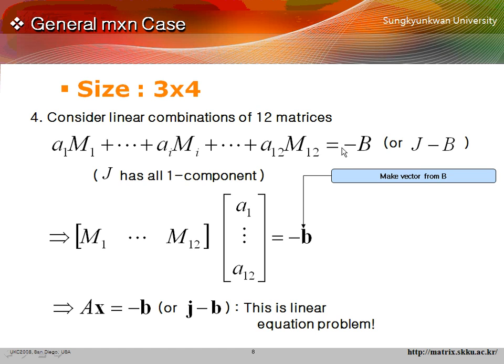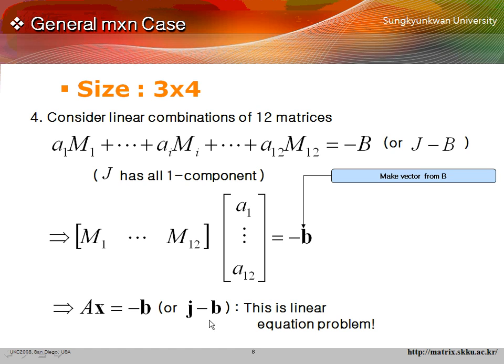Okay, so if we have this formulation, then this can be written as a 12 by 12 matrix times a 12 by 1 vector equal to a vector of size 12 by 1. So this is a system of linear equations like this.